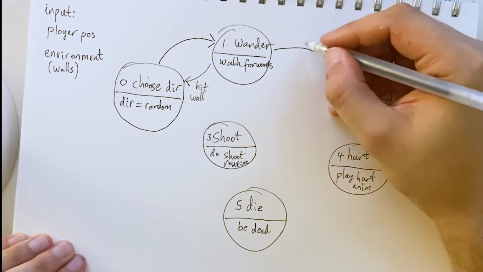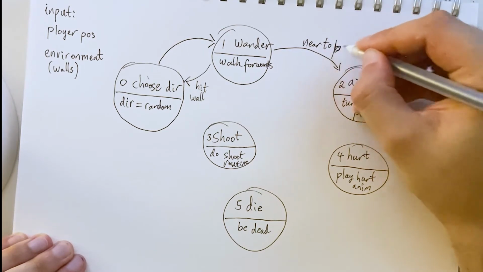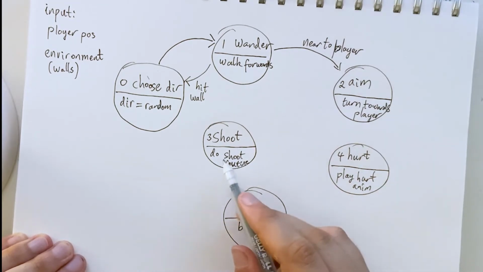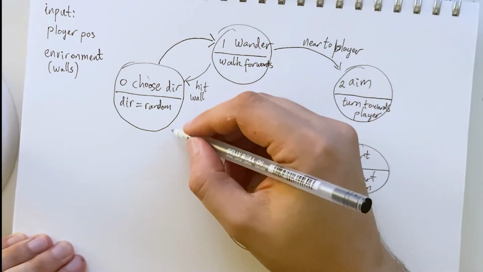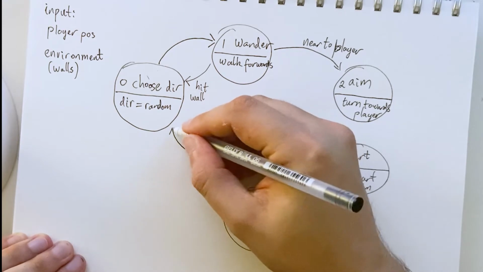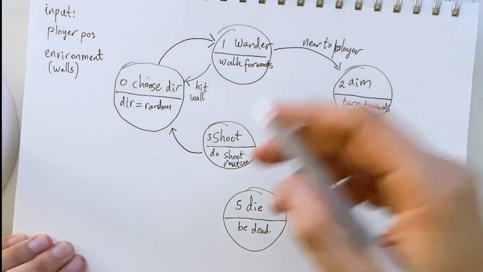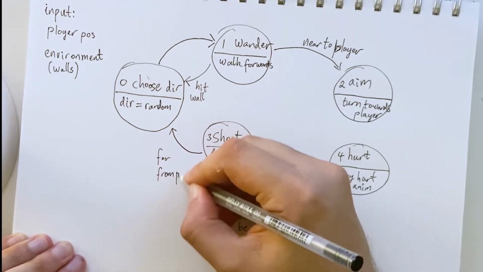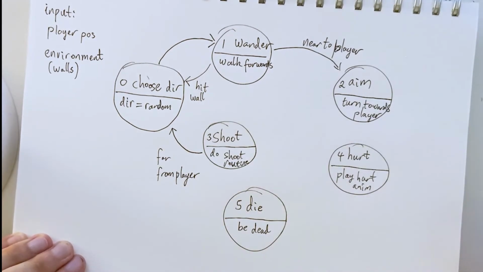So we'll do this if we're near to the player, and then to simplify this, let's say we'll try to aim and shoot, and then if we've shot and then the enemy is far away, then we'll spin around and walk, basically.